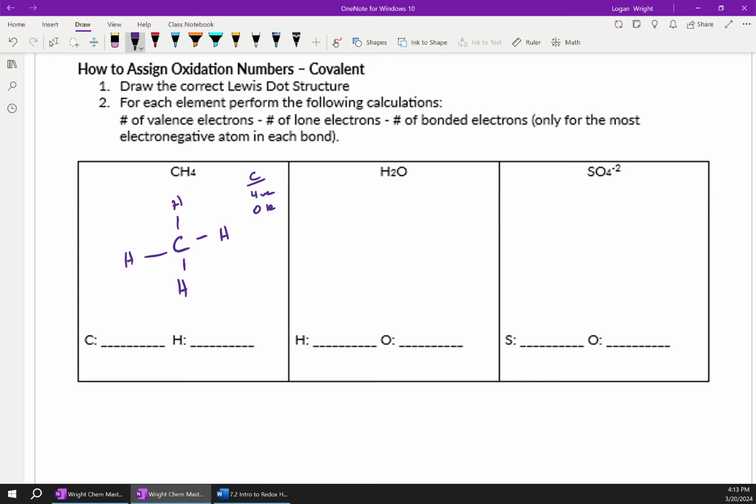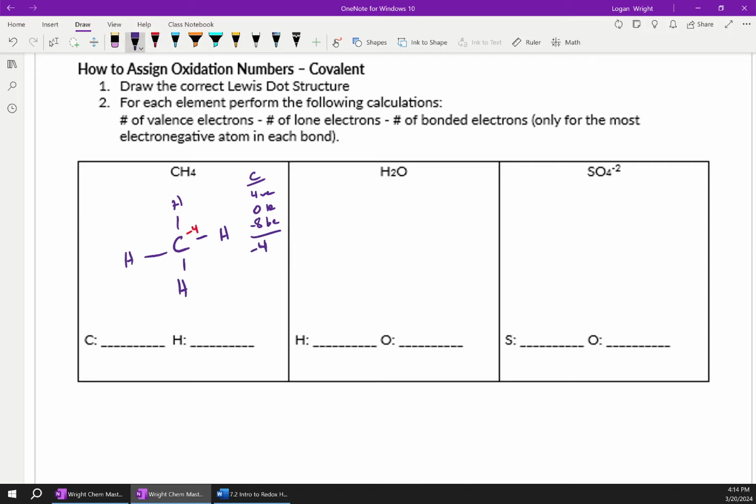So I have to look and say carbon is more electronegative than these hydrogens. So it has 2, 4, 6, 8 bonded electrons. And so I'm subtracting minus 8 bonded electrons. Remember, a bond is actually 2 electrons that are being shared. So 4 minus 8 is negative 4.